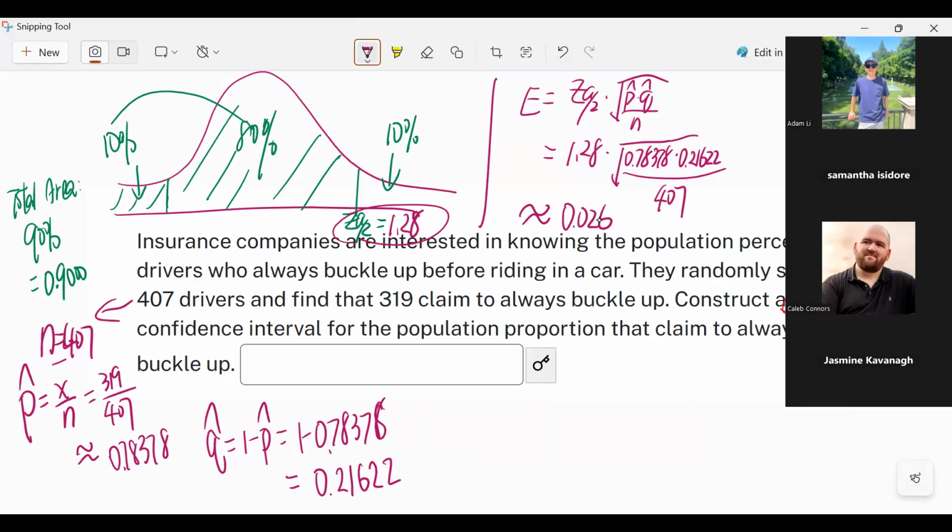We round to 3 decimal places, 0.026. Now the 80% confidence interval is going to be p-hat minus the margin of error and p-hat plus the margin of error.